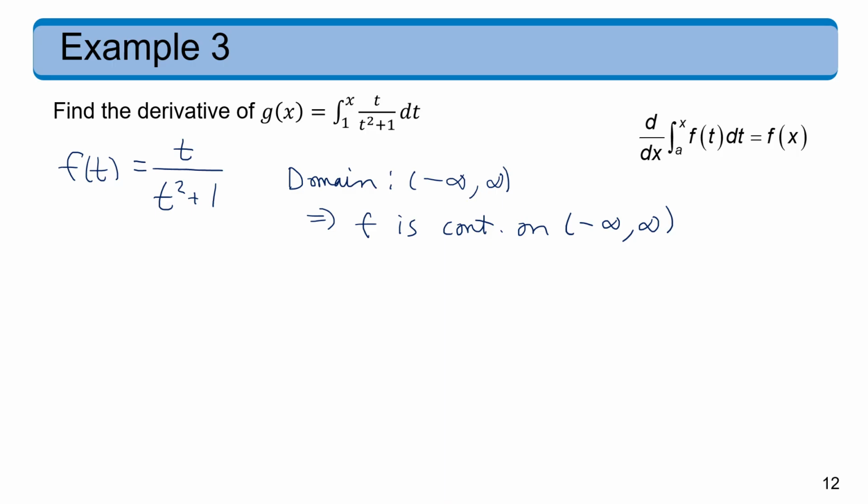So here's the basic conclusion of the fundamental theorem part 1. It tells you that the derivative of a function defined in this way is the same as this inside function, but notice instead of f of t over here, it becomes f of x, and the x is whatever letter was used for the right endpoint. So we're going to use this formula for f of t, but instead of writing f of t, we need to write f of x because of the x here.